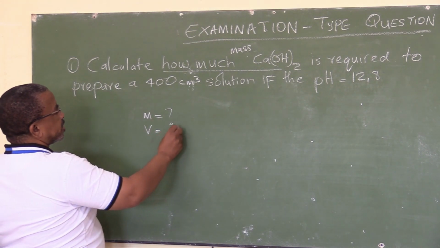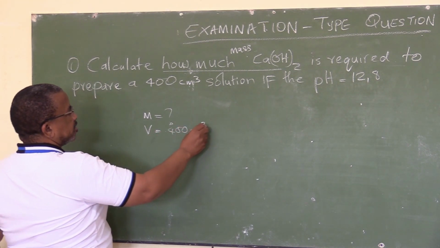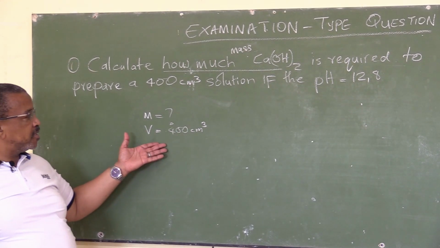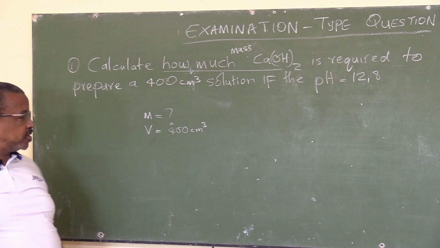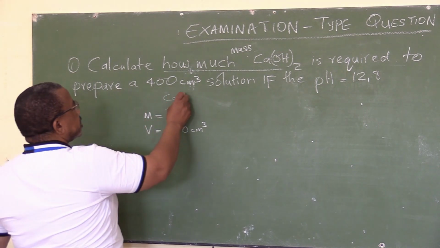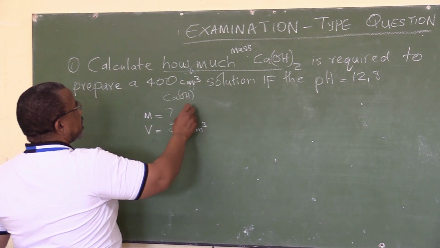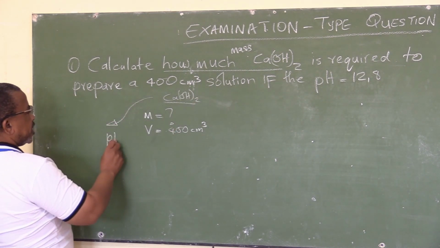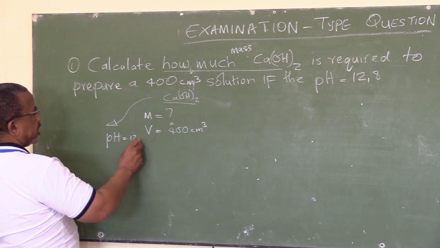Volume of 400 cubic centimeter. You want to prepare a solution of that volume, and you are given the pH. Calcium hydroxide. Now you are given the pH. pH is 12.8.